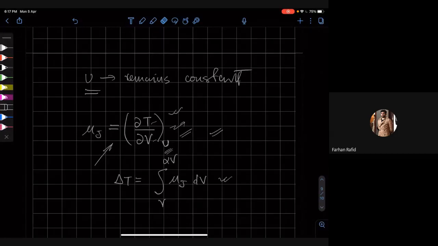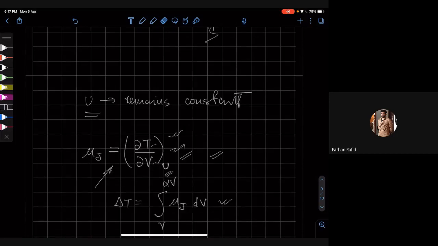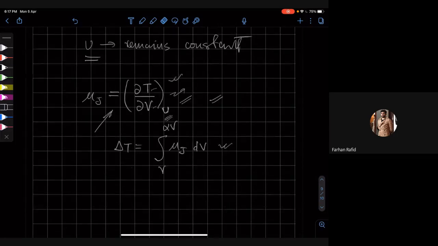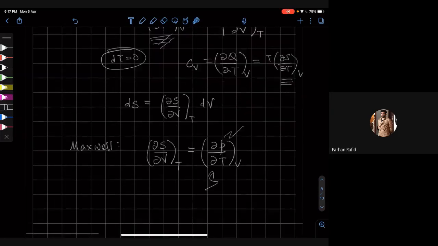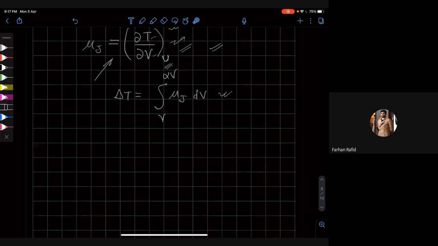Here we are doing the same thing, but for the change of temperature. I'm not going to derive how this leads to the answer, because the derivation is very similar to what I've done over here for delta S. So I want you to think about that.